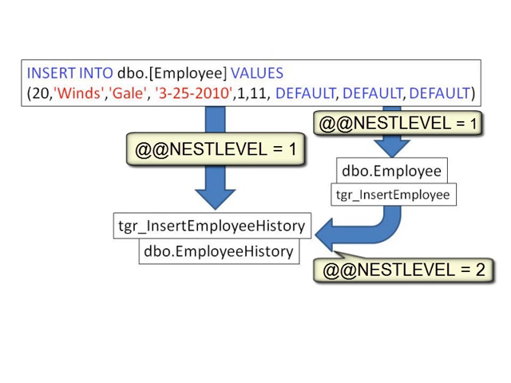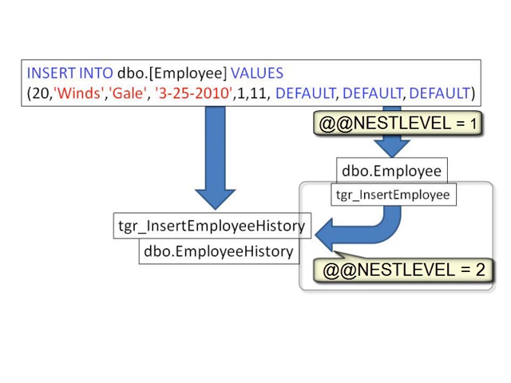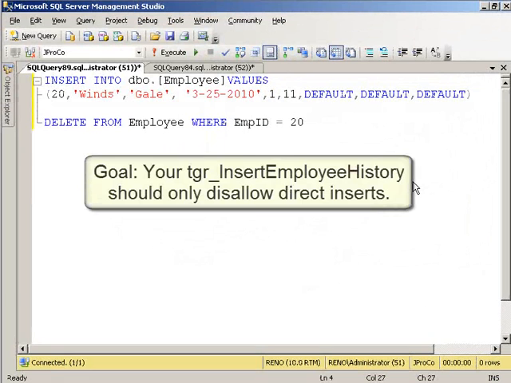If a trigger calls another trigger, that would have a nest level of 2. So what we need is a more discriminating trigger, one that will deny direct inserts at a nest level of 1, but will allow inserts from other triggers at a higher nest level.